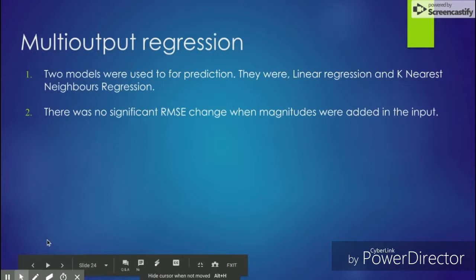Two models were used, the linear regression and k nearest neighbors regression.